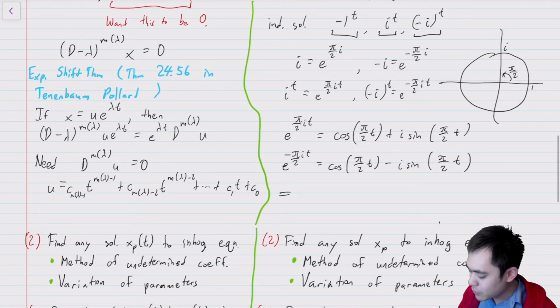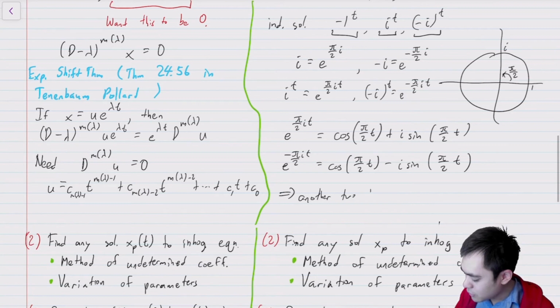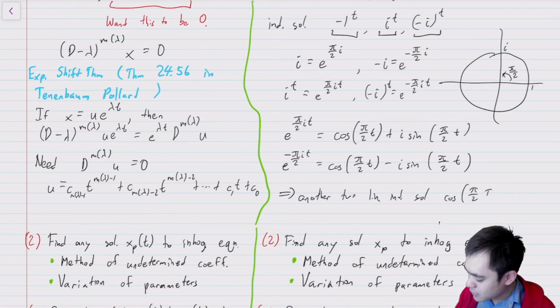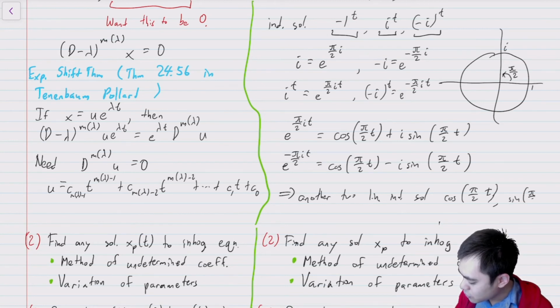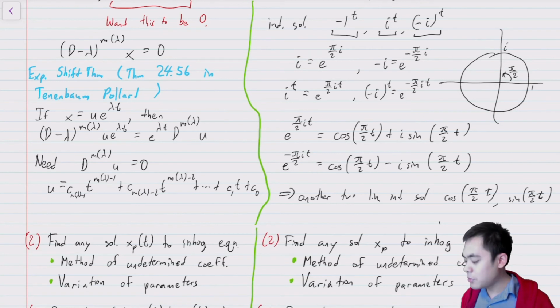This implies that we have another two linearly independent solutions: cosine of pi over 2t and sine of pi over 2t. And these are both nice and real.